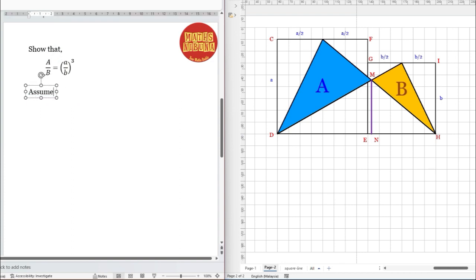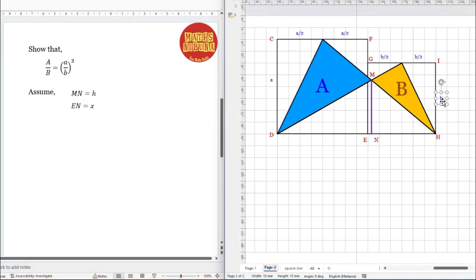I assume MN equals H. And I also assume this small length EN as X. So MN equals H, and this small one is X.